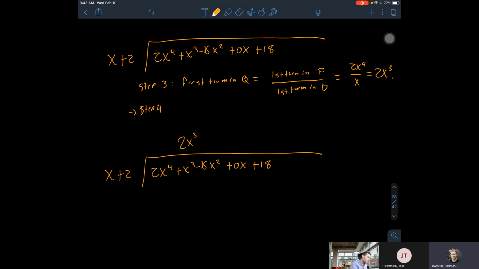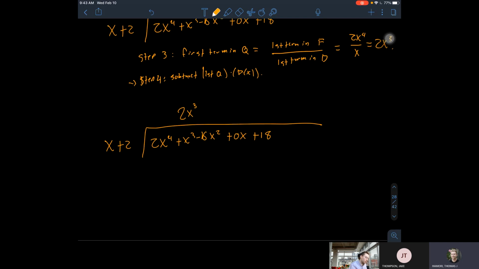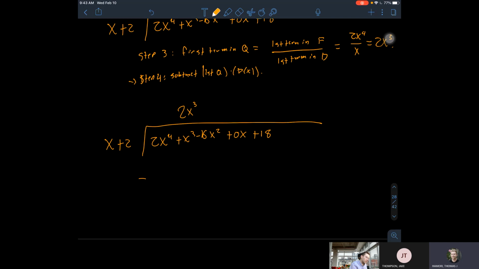Step 4, subtract the first term of Q times D. So what we're going to do now is take this number here and multiply it times this polynomial. So we're going to get 2x to the power 4 plus 4x to the power 3.